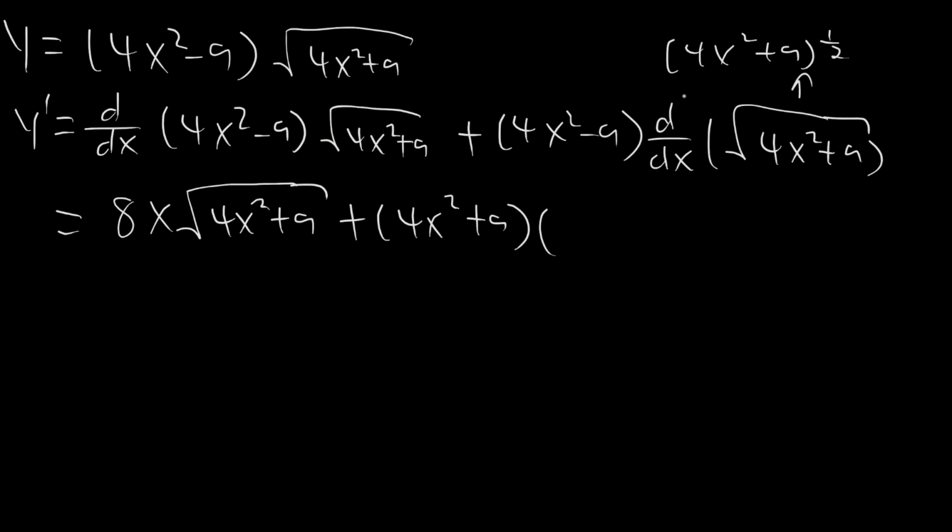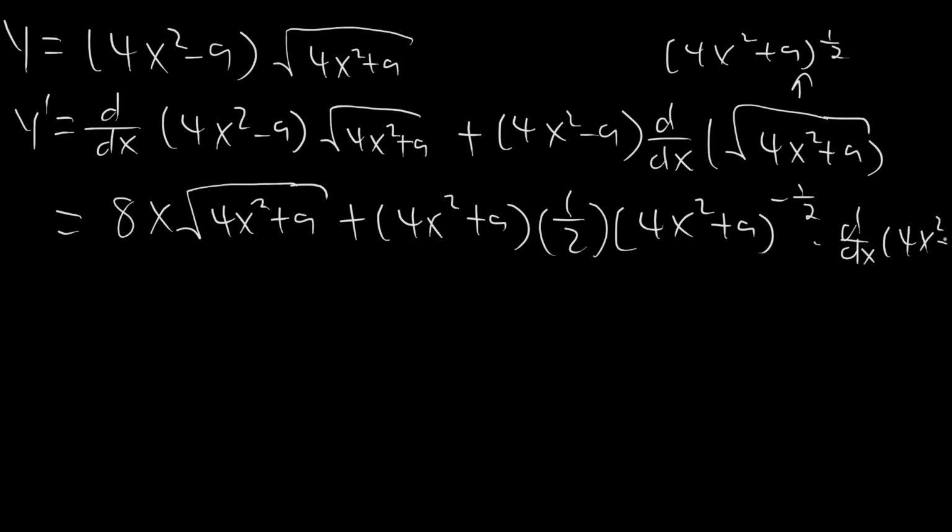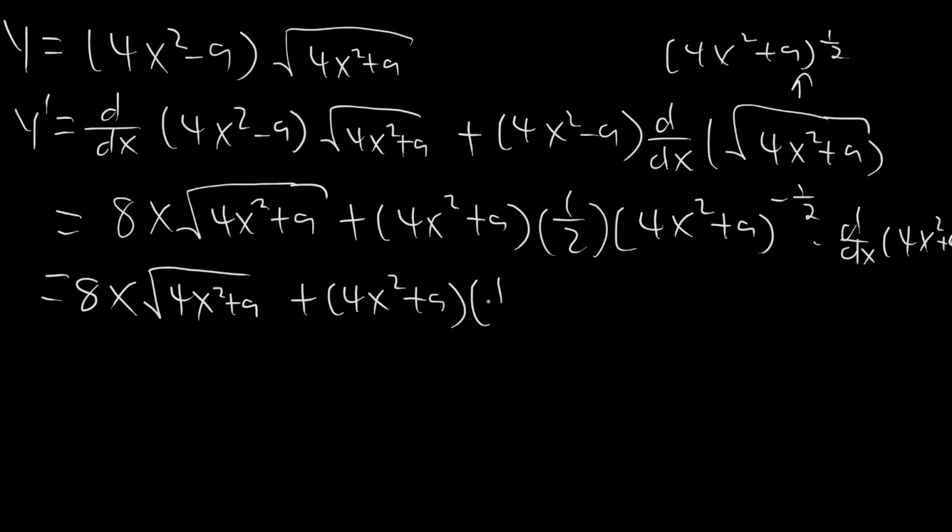So the derivative of this quantity is going to be equal to a half times 4x squared plus 9 with the power of negative a half. And then you need to take the derivative of 4x squared plus 9.